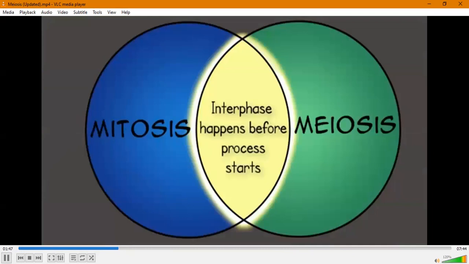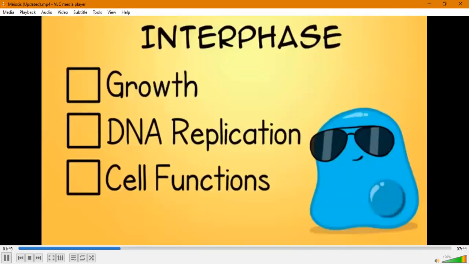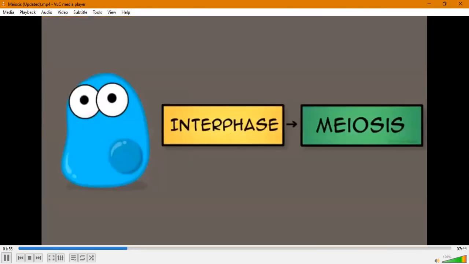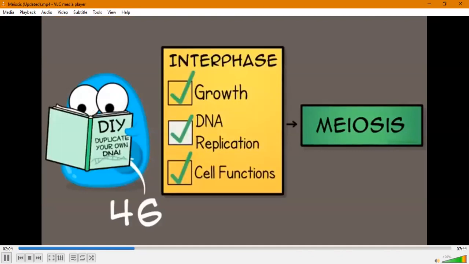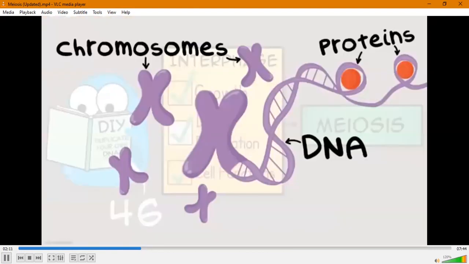If you remember interphase, it's when the cell is growing, replicating its DNA, and carrying out cell processes, and just like mitosis, interphase happens before meiosis is even going to start. So the starting cell has 46 chromosomes, and you have to duplicate those chromosomes in interphase before meiosis starts. That basically means you are duplicating your DNA, since chromosomes are made of DNA and protein.